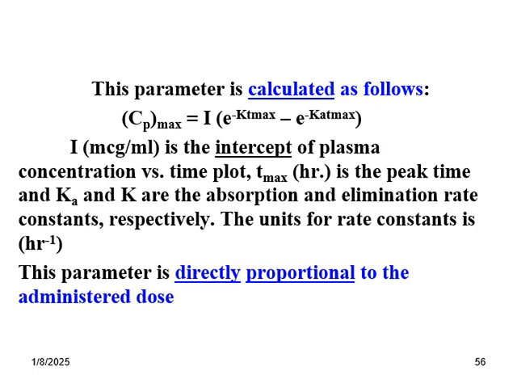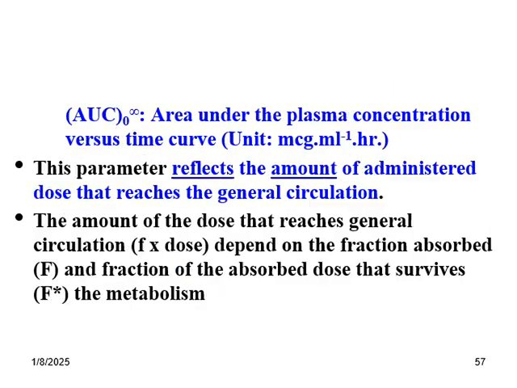Area under the plasma concentration versus time curve, that is AUC. AUC reflects the amount of the administered dose that reaches the general circulation. If you still remember integration from your calculus course, the area under the curve is the total amount. It reflects the amount of drug that reaches the general circulation in total.